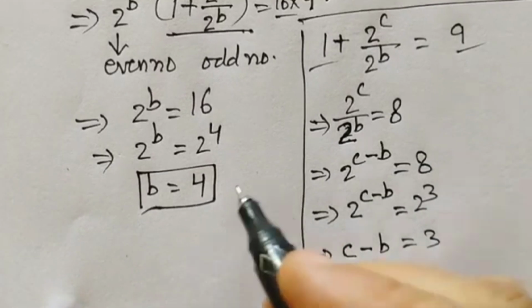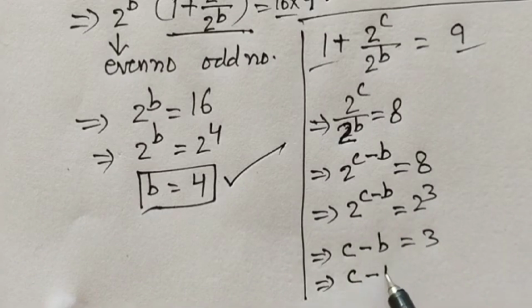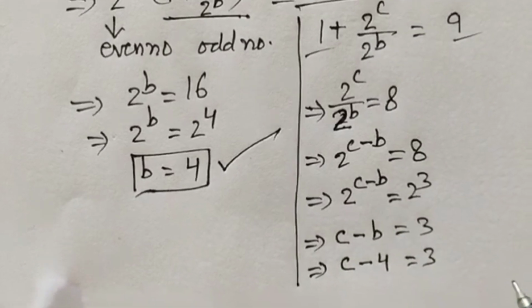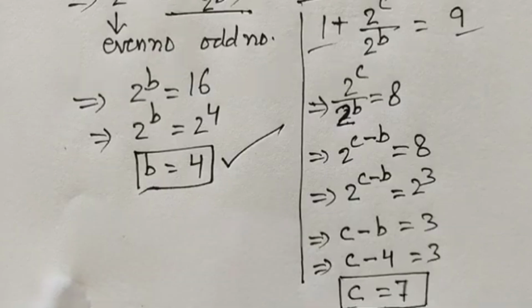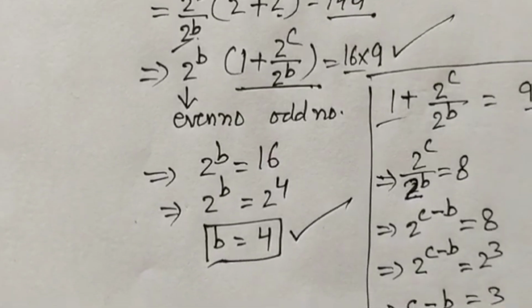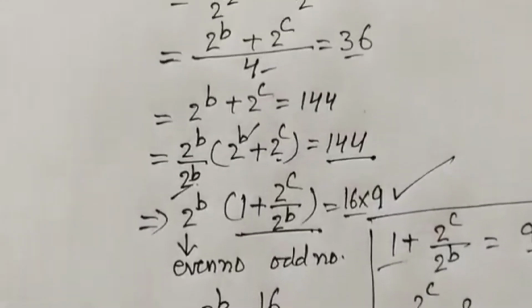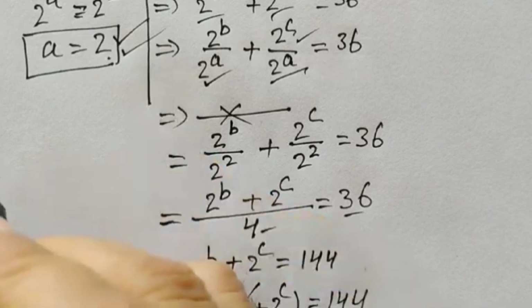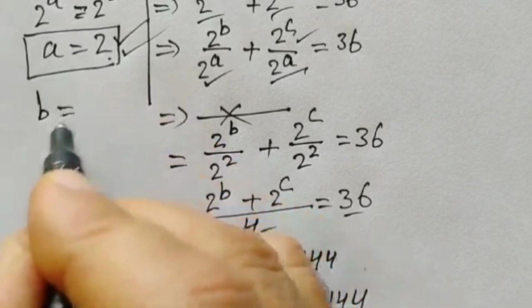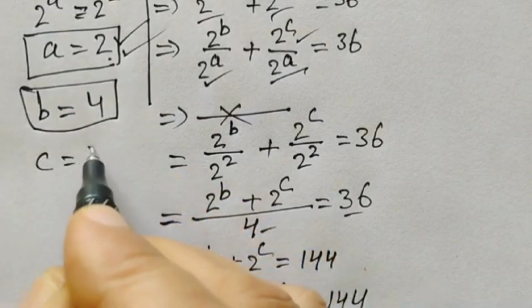As b is equal to 4, c minus 4 is equal to 3, so c will be equal to 7. So a is 2, b is 4, and c is equal to 7.